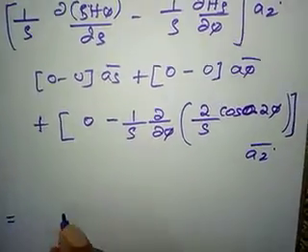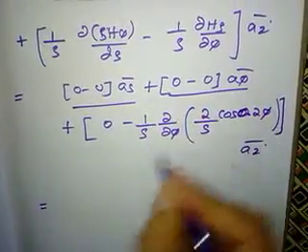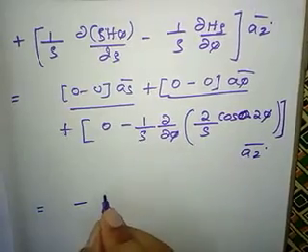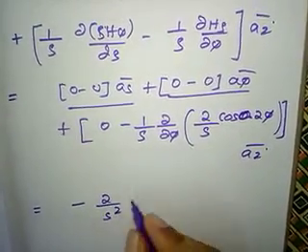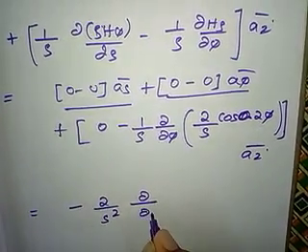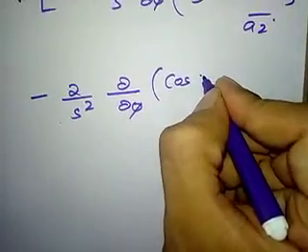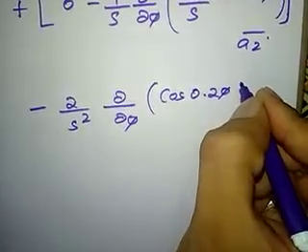So on simplifying this we get, this term is 0, this term is 0, this is minus of 1 by rho. Taking 2 by rho outside, it will be minus 2 by rho square into dou by dou phi of cos 0.25 phi.